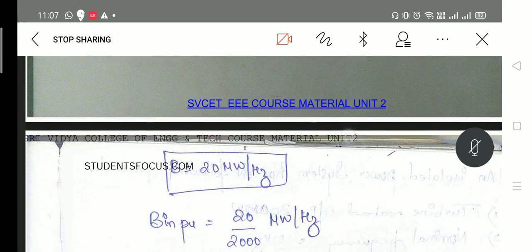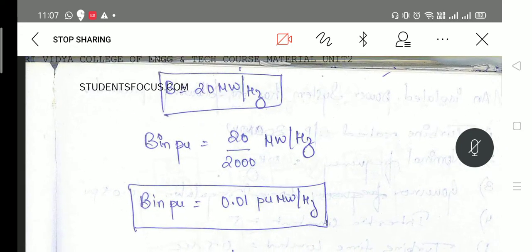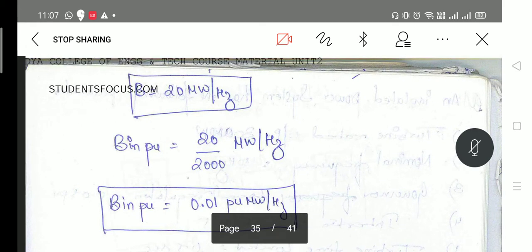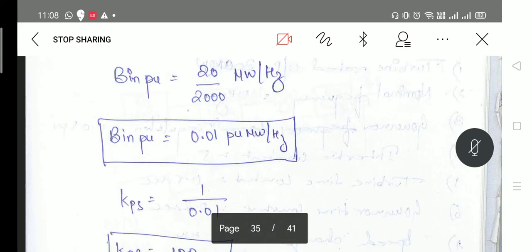So from this B value is 20 megawatts per hertz, and B in per unit is B by PR. That is B is 20 megawatts per hertz, and PR value is 2000. So 20 by 2000, that is 0.01 per unit megawatt per hertz, B in per unit.